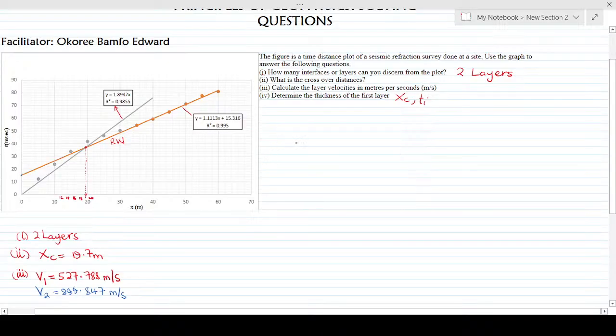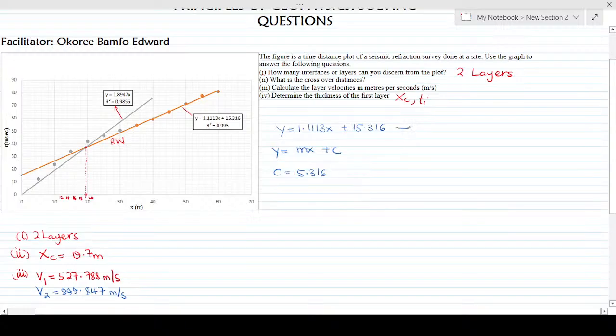Remember that from the refracted wave equation, we had y is equal to 1.1113x plus 15.316, right? To compare this to y is equal to mx plus c, the intercept c is 15.316.